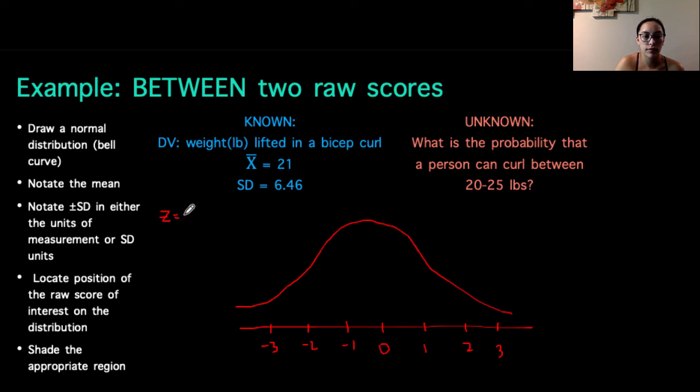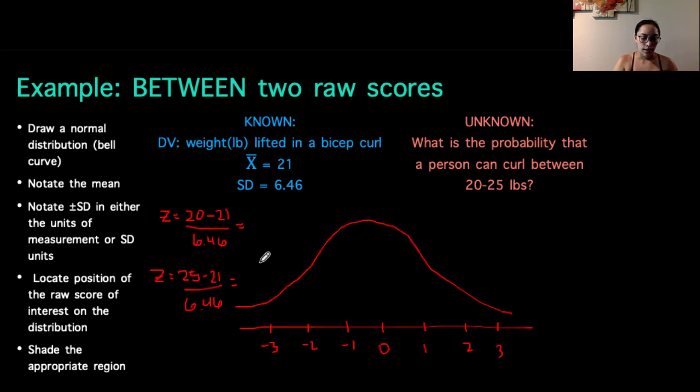Okay, so the z-score for 20 would be 20 minus 21 divided by 6.46. The z-score for 25 would be 25 minus 21 divided by 6.46.